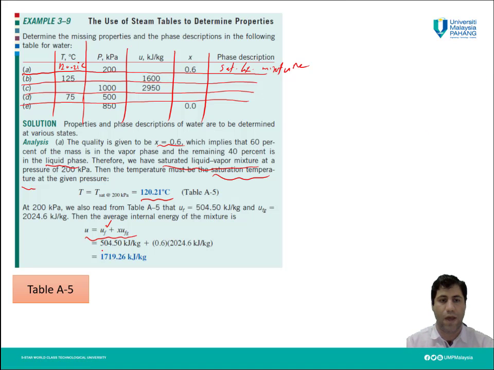So we have UF from the table, we have UFG and also X, which is given here in the table. And finally, U will be 1790.26. So we found all of the information which was required for state 1 or state 8.